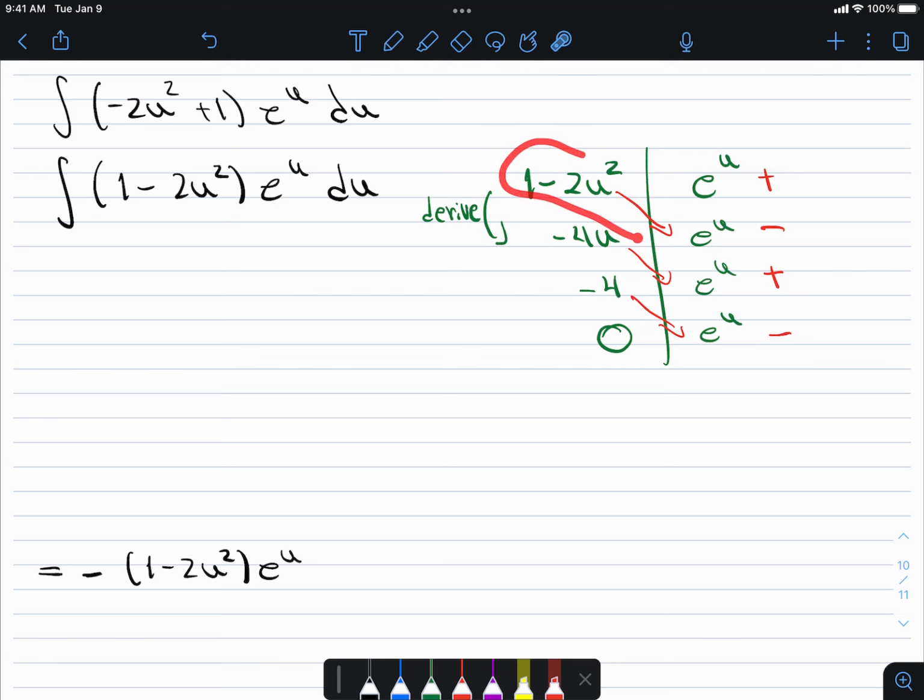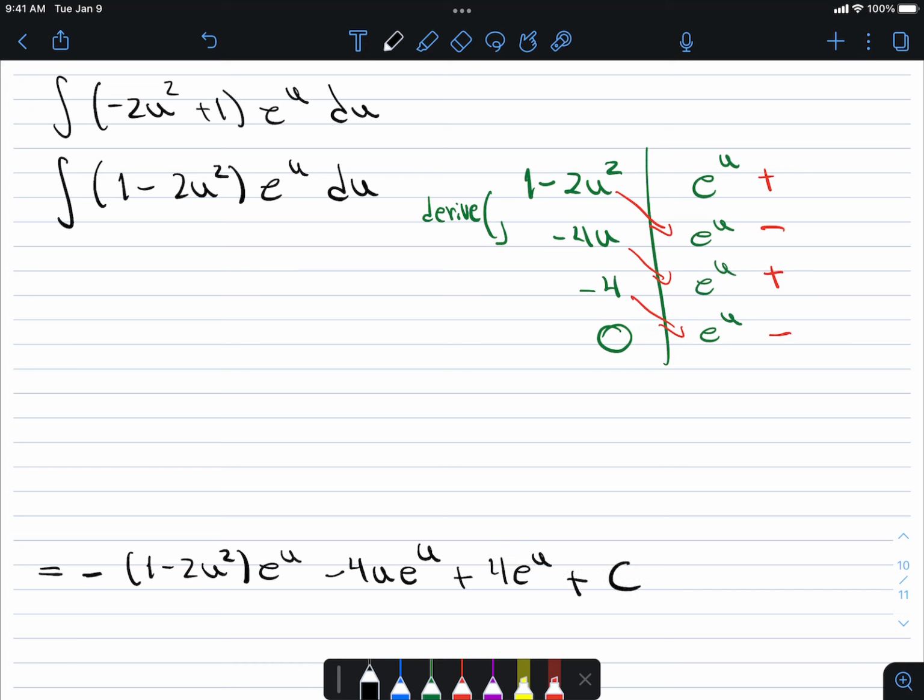So this is the first term with the minus sign in here. And now the next term is this one with a plus sign. There's already a minus here, so I don't change anything. So minus 4u e to the u. It's this term. And then with a minus sign, right? So this is going to turn into a plus. This is the last term, plus 4e to the u plus c.